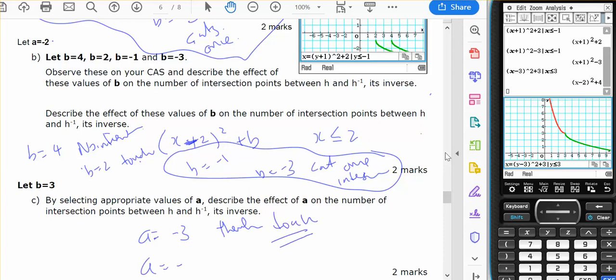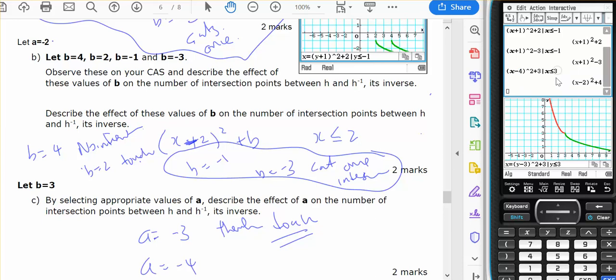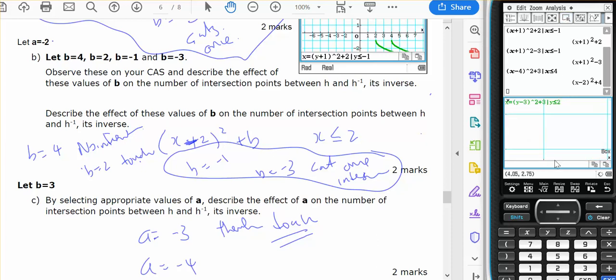So if a equaled -4, that would have to change to +4. If I drag and drop, and then I do analysis, sketch, inverse of the, whoops, went too far, come back one, that one, press XE, and I zoom in there, we have definite cutting.